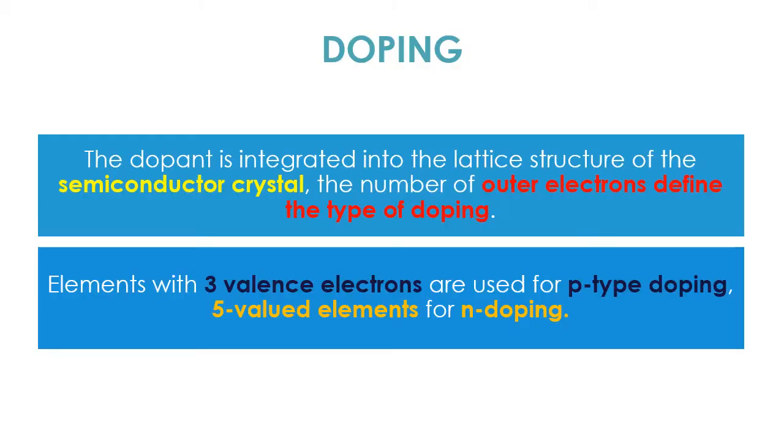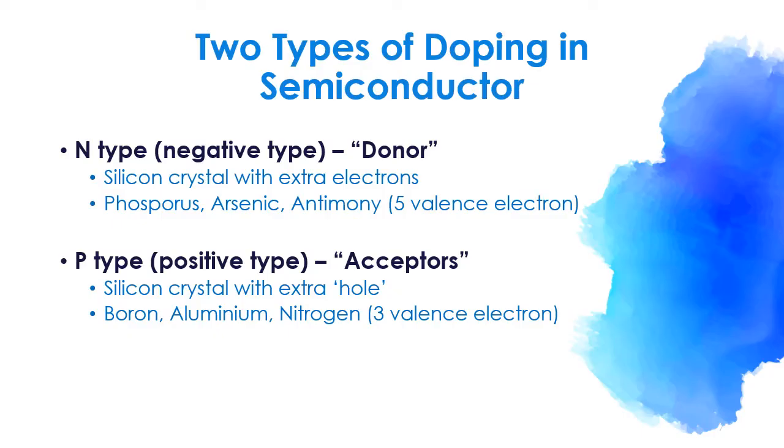In the doping process, the dopant will be integrated into the lattice structure of the semiconductor crystal. The number of outer electrons will define the type of doping. For example, a dopant with 3 valence electrons is used for p-type doping and 5 valence electrons for n-type doping. There are 2 types of doping in semiconductors.